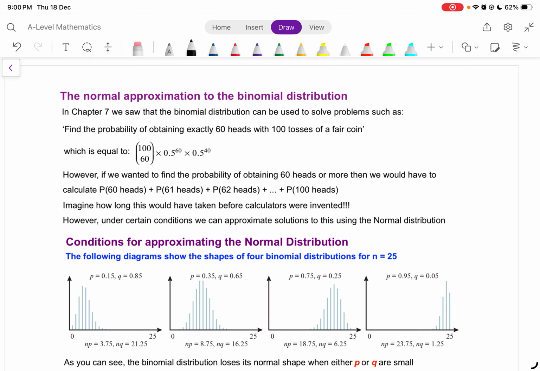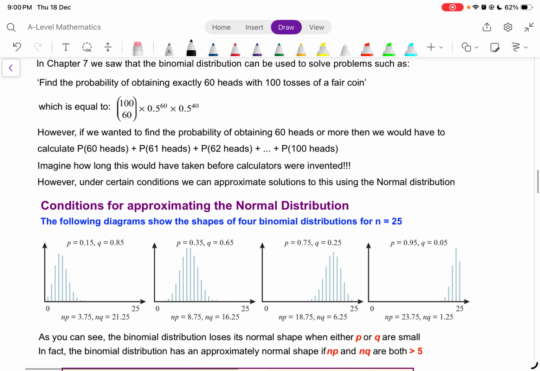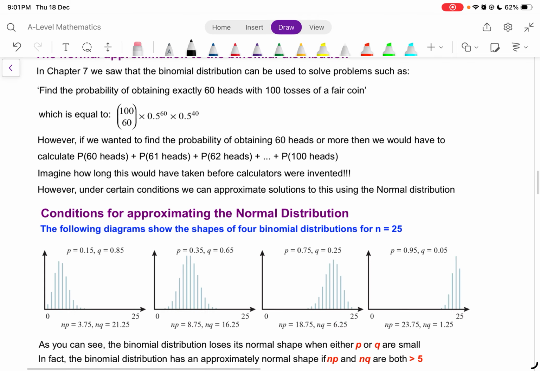Normal approximation to the binomial distribution 就是我们刚刚发生出来的东西。Okay? So, 如果我们要找出，我们有经过很像这样子的问题，如果我们要 exactly 60的话 with 100 tosses 我们的 probability 是多少？ That's true.